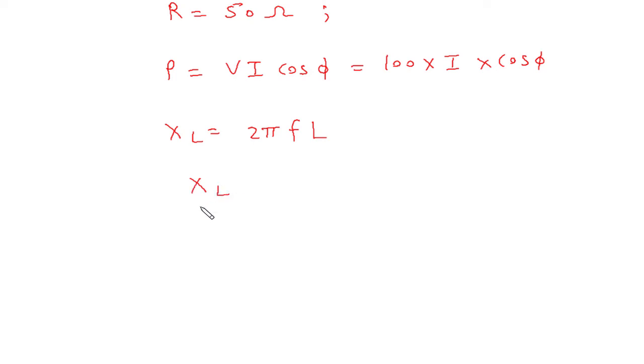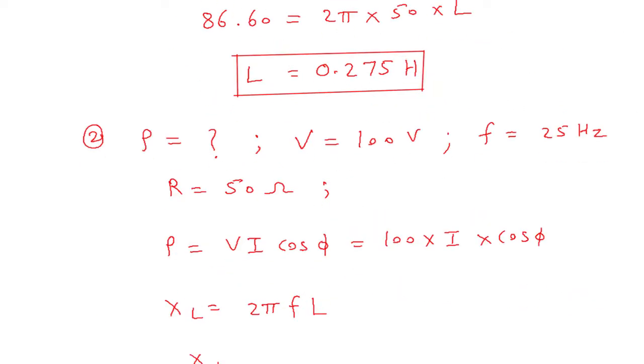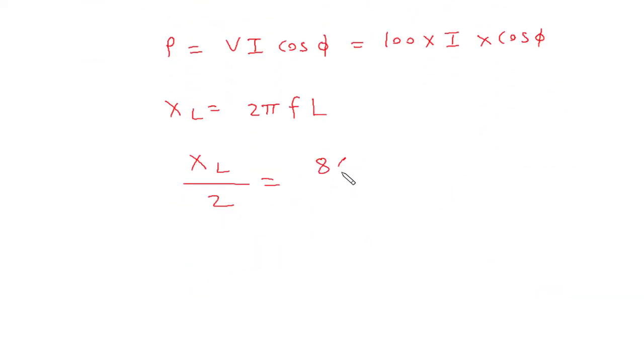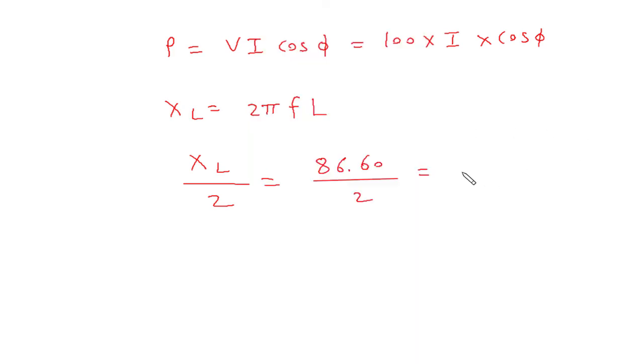So XL is 86.60 divided by 2, so it is 43.3 ohm. This will be the value for XL in the second case.